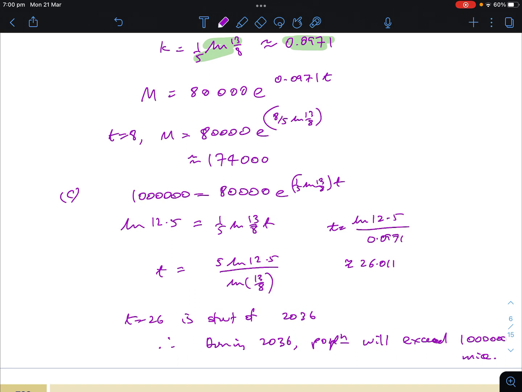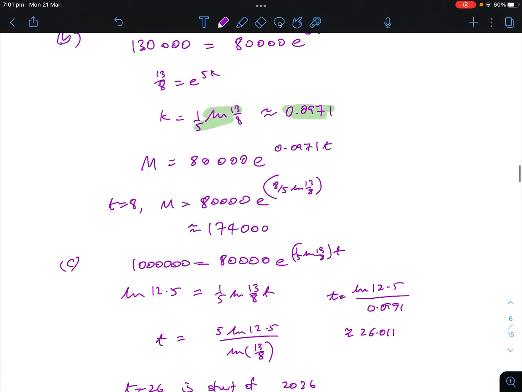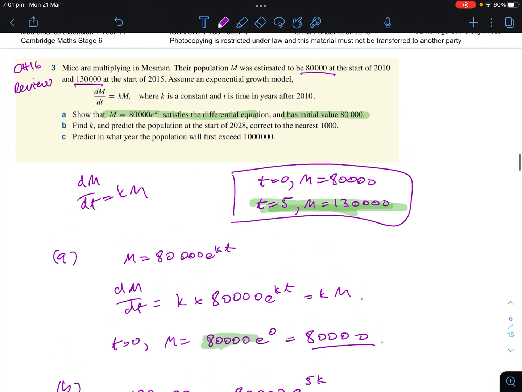If I just turned it to 26.1, which is obviously a lot more than 26.01, then I've got a number over 1 million. So that's worth doing on your calculator just to double check.